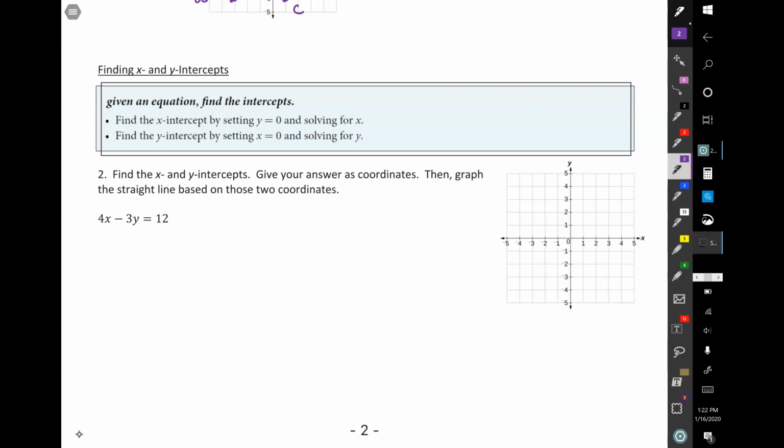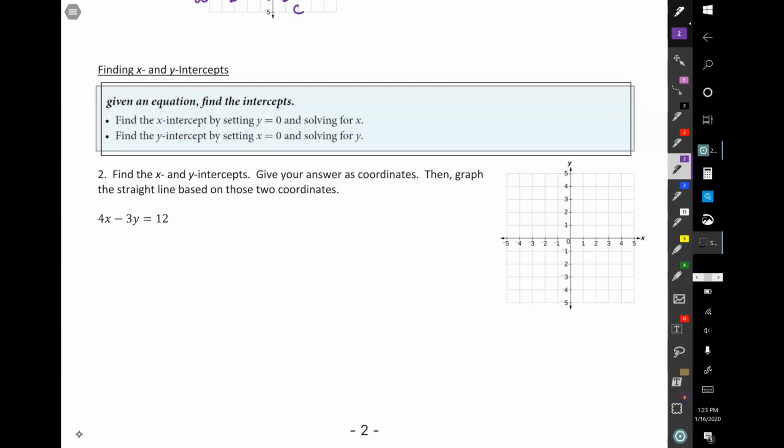So be careful of that labeling. If you were to say the y-intercept is 5 and be real clear about it, that's okay. But for now, I want you to get in the practice of writing it as a pair. A lot of professors require that too.